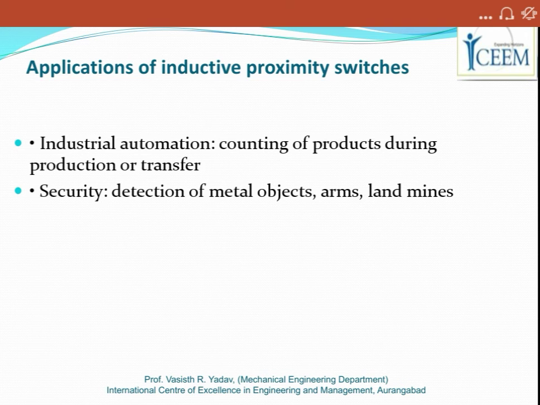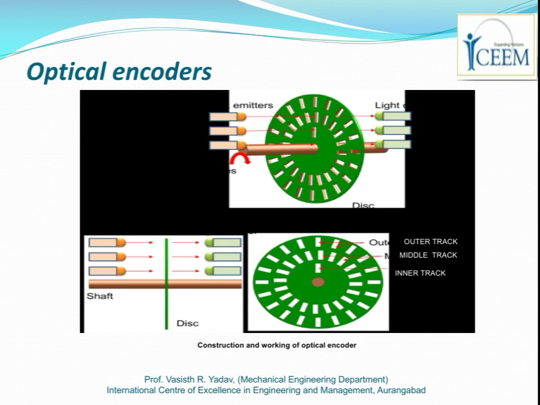Let us move forward and see another type of sensor, that is the optical encoder. The figure on the slide in front of you shows an optical encoder. What we basically use an optical encoder for is to provide digital output as a result of linear or angular displacement.